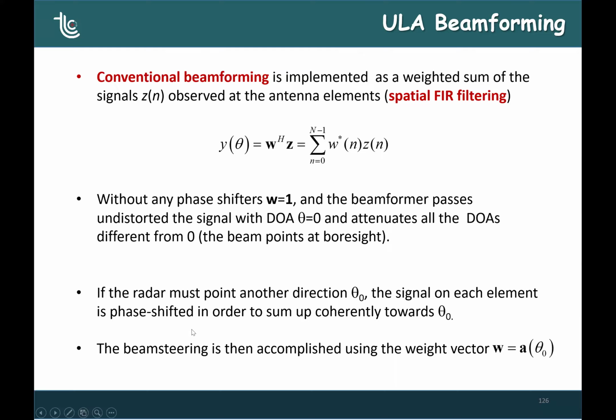So this is called beam steering, and it is accomplished using a weight vector W that is similar to the steering vector, but it is pointed in a specific angle theta sub 0.